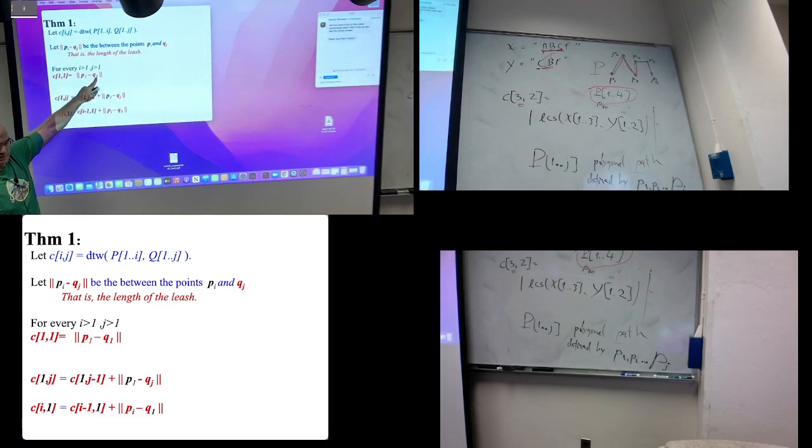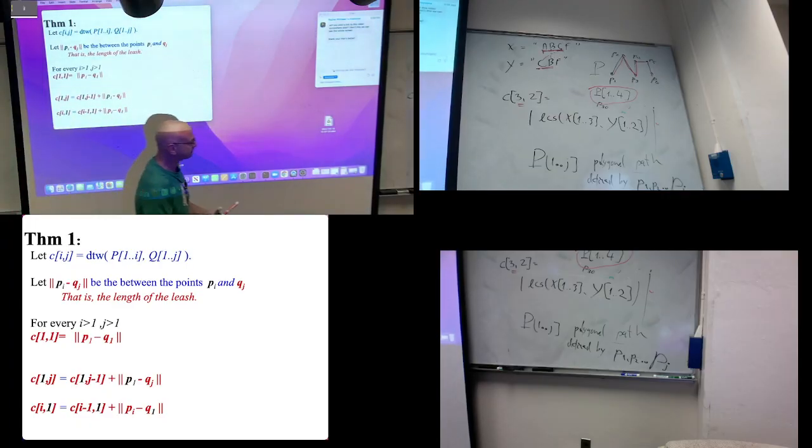The man needs to go on this polygonal path, but the man starts at P1 and ends his walking at P1 as well. It's also the last station. Similarly for Q, the dog starts and ends at Q1. So what is C11?